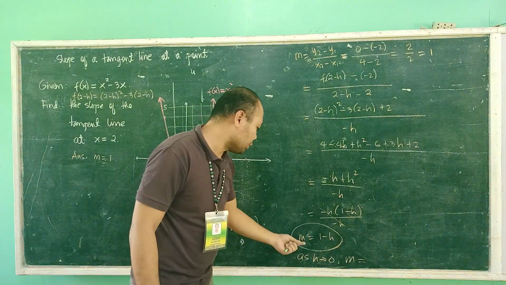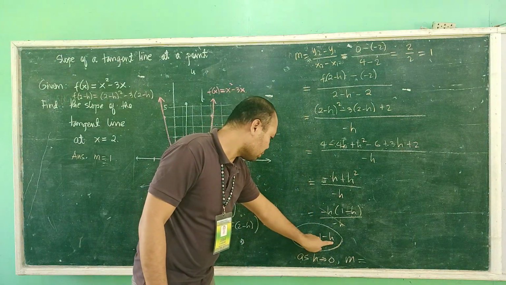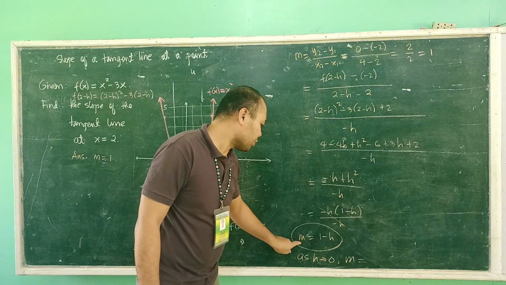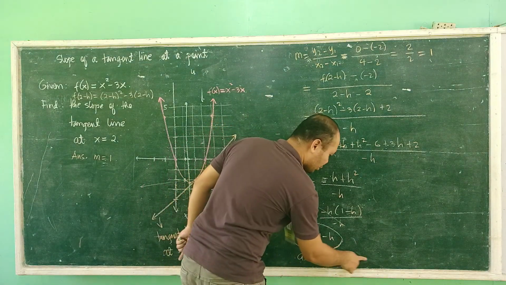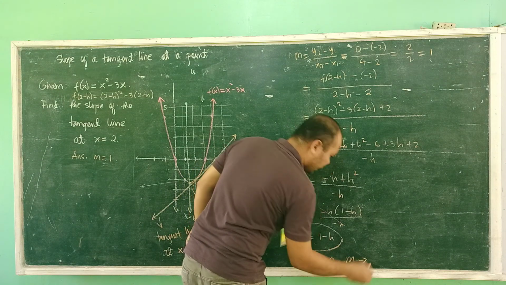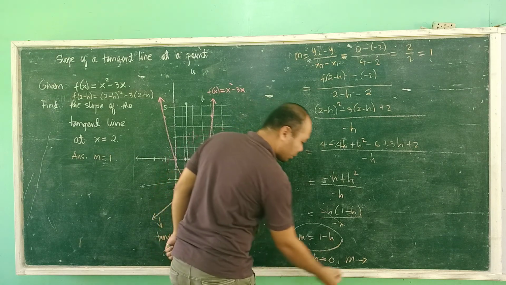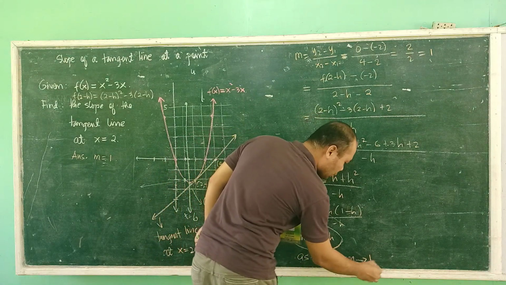As h is approaching 0, 1 minus 0.00 something, what will happen to the value of m? m will also approach a certain value. It's like substituting 0 here. So m will approach 1.